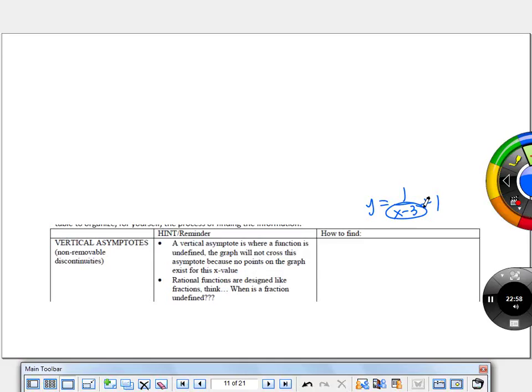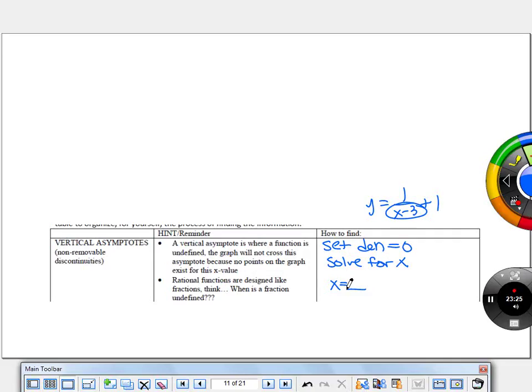Where is the fraction undefined? When the denominator is set equal to 0. So how are you going to find your vertical asymptotes? You're going to set the denominator equal to 0 and solve for x. Then you'll have x equals whatever this is, maybe 1, maybe 2, maybe 3. It depends on the function in the denominator.